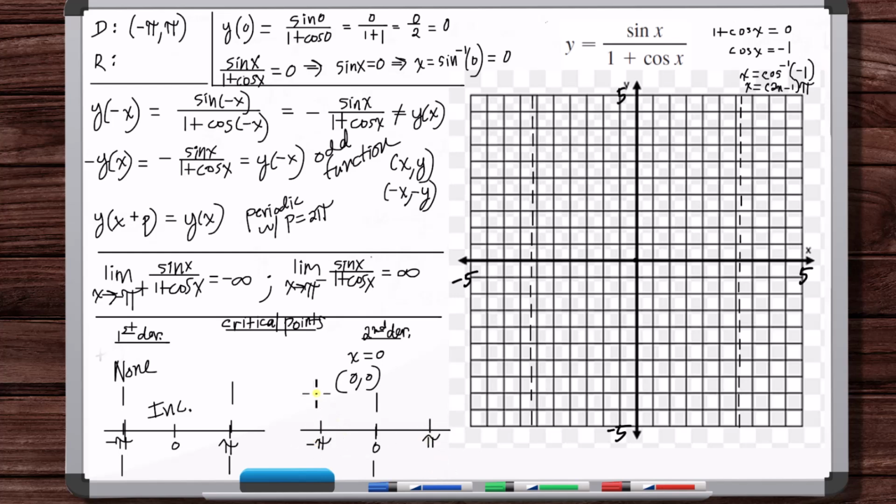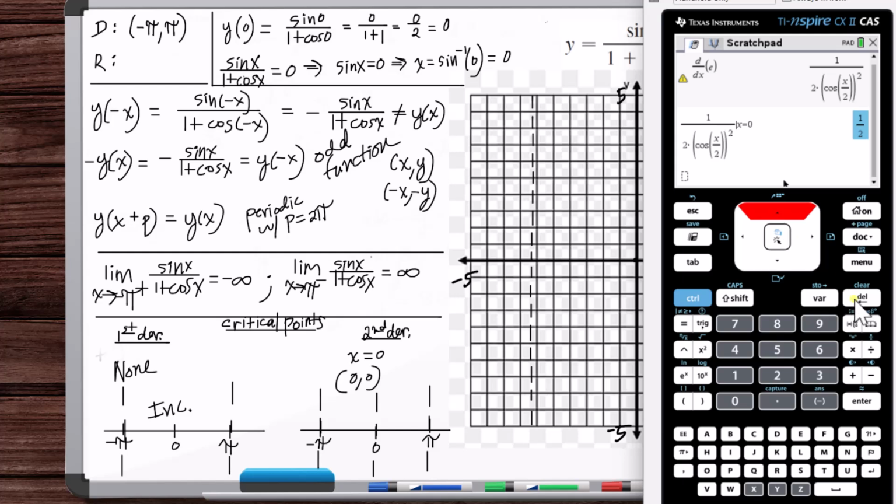Okay, now there's only one critical point with respect to the second derivative. So there's two regions here. And at x equal to 0, you could potentially switch concavity. All right, so the second derivative, d squared y dx squared. Okay, so we just need to check with x equal to, let's do minus 2.